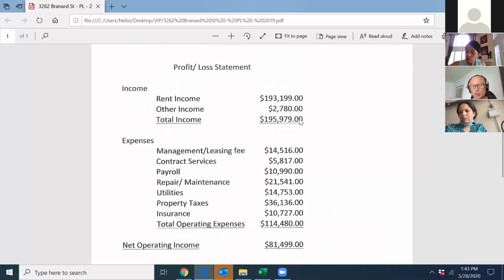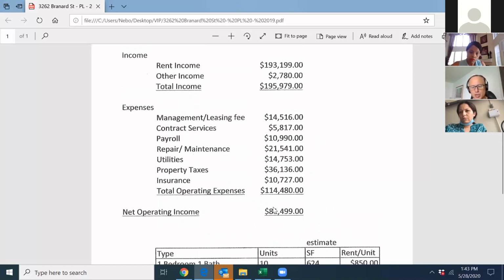The net operating income is 81,500. You can calculate on your phone too. Put 81,500 divided by 1.9 million. So basically, it's a 4% cap rate.